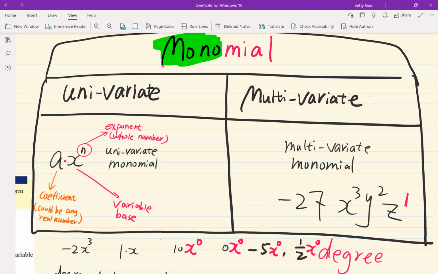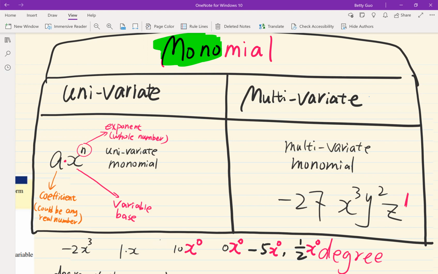Uni means 1, variate means variable. Univariate monomial means the monomial only has 1 variable. Multi means more than 1, so a multivariate monomial has more than 1 variable.